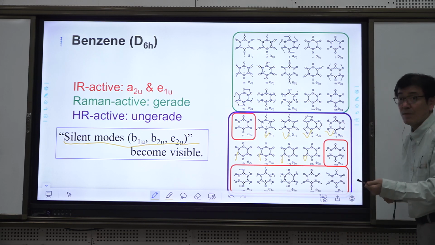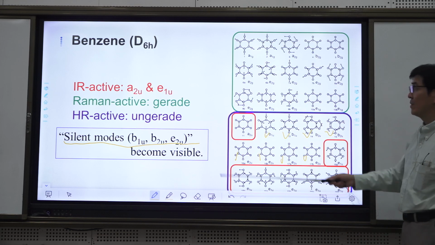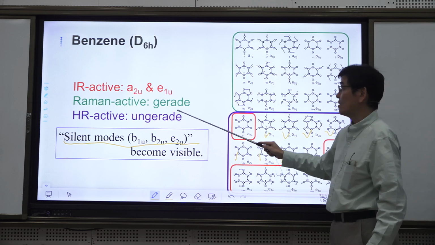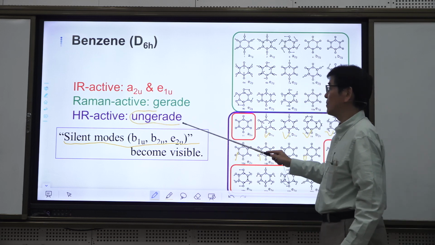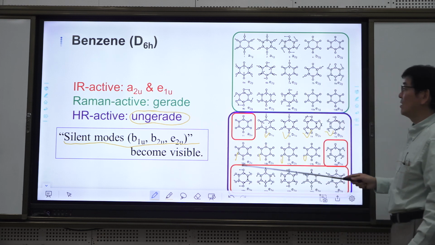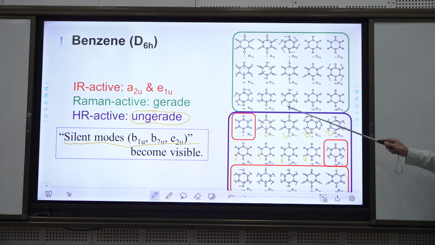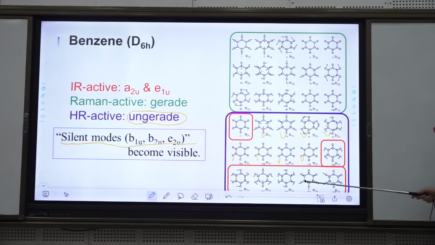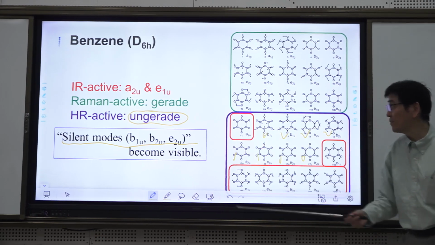And hyper-Raman spectroscopy has a different selection rule, and ungerade modes are hyper-Raman active. It means all the vibrations that belong to the ungerade group, the blue box, are detected in the hyper-Raman spectrum.